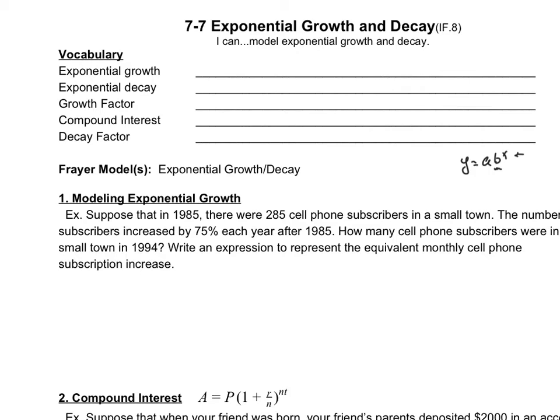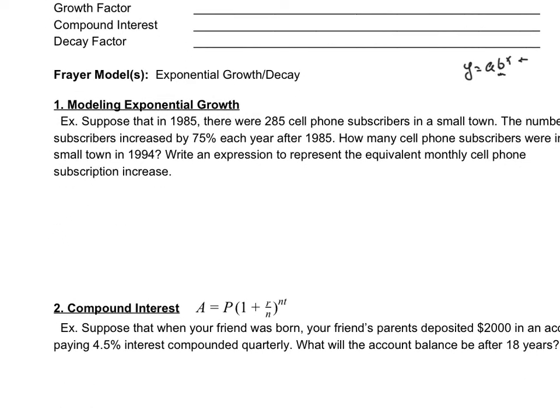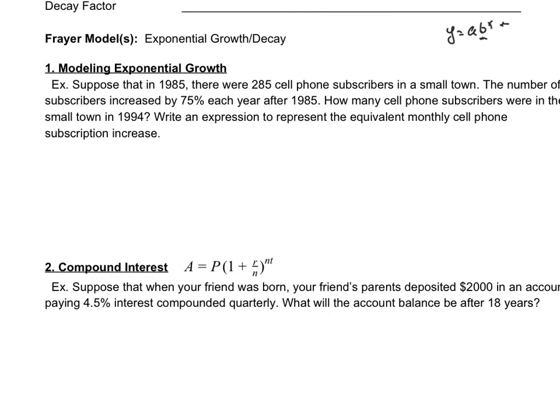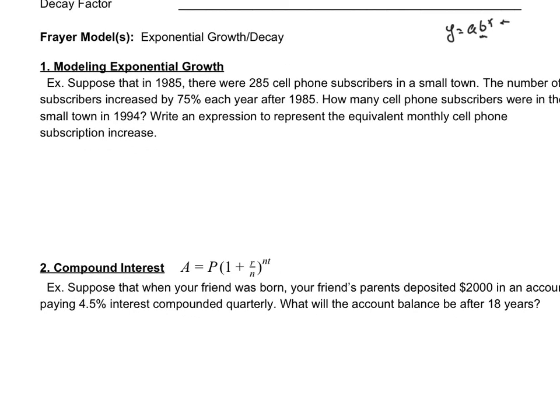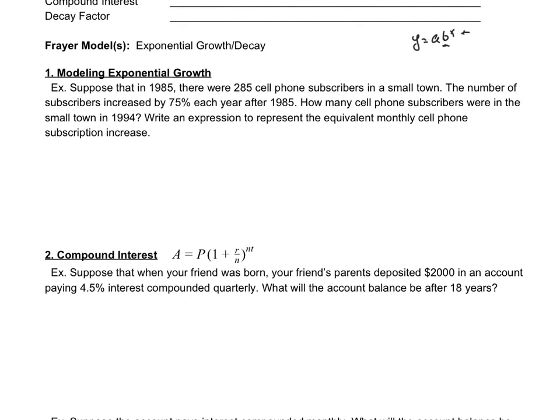So going forward, modeling exponential growth: suppose that in 1985 there were 285 cell phone subscribers in a small town, and then the number of subscribers increases 75% each year after 1985.